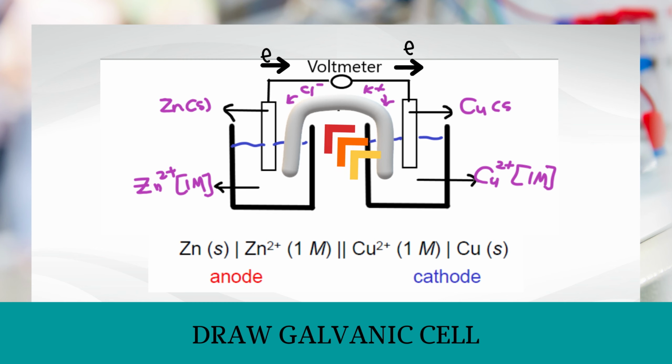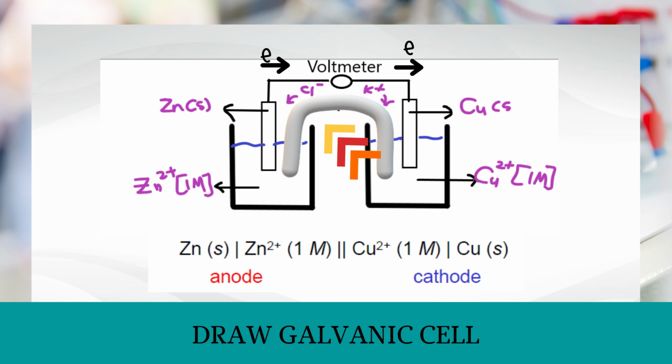Therefore, a salt bridge containing, for example, KCl is added to keep the solutions neutral by adding Cl- anions into the anode solution and K+ cations into the cathode solution.